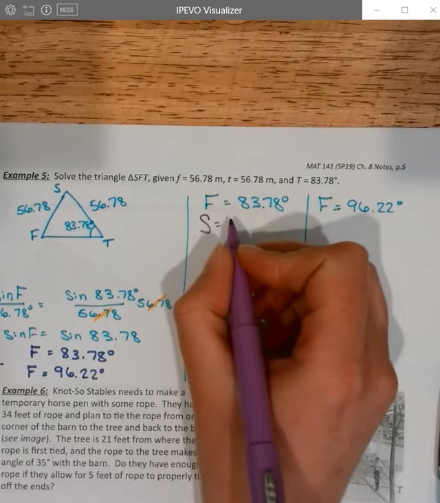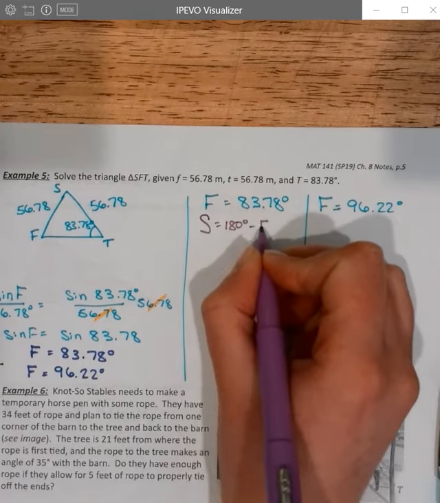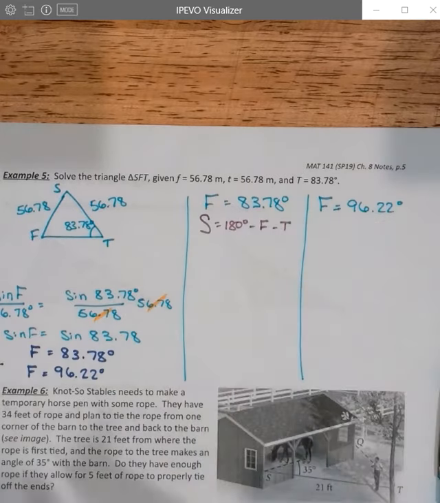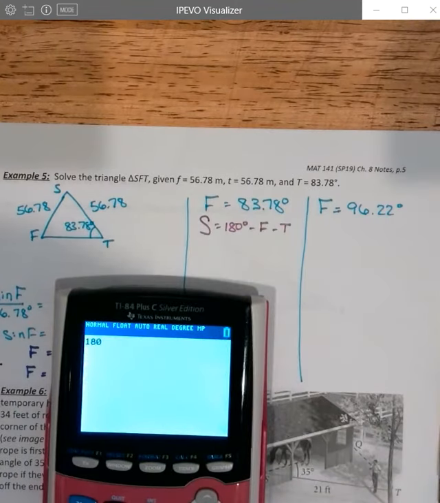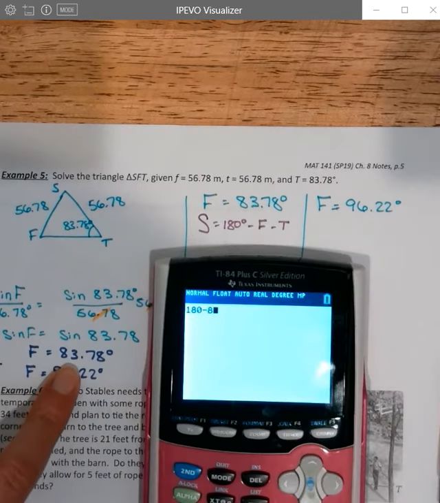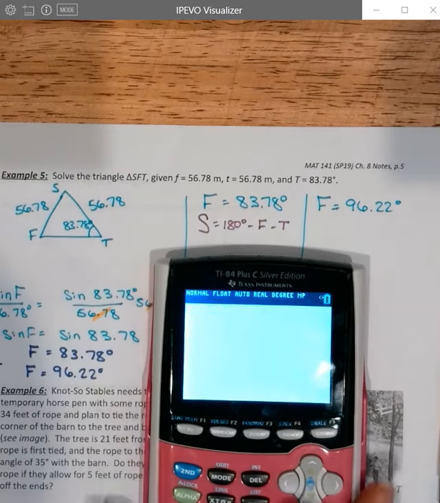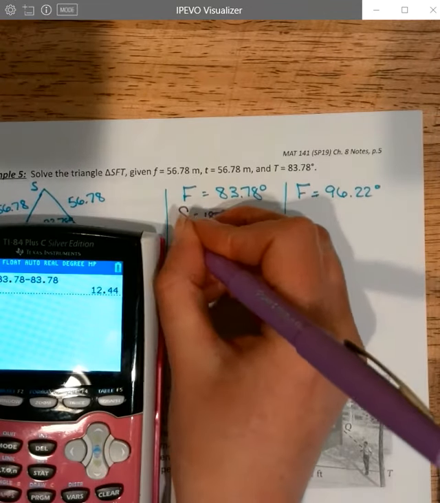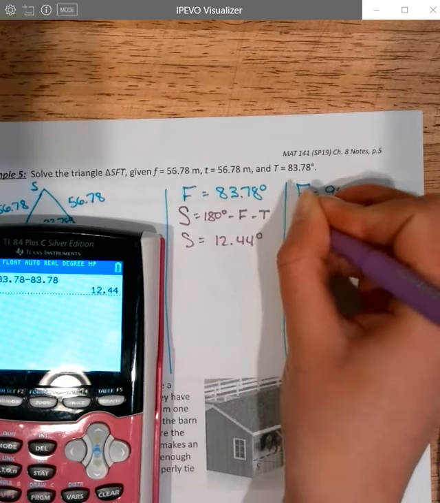So it is 180 degrees minus angle F minus angle T. So if we take 180 degrees minus angle F as 83.78 degrees minus angle T as another 83.78 degrees, this gives us an angle S of 12.44 degrees.